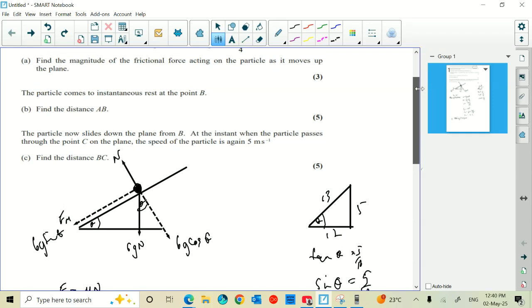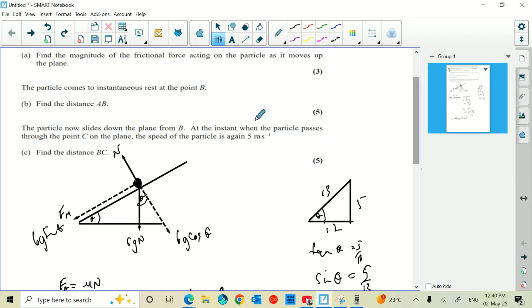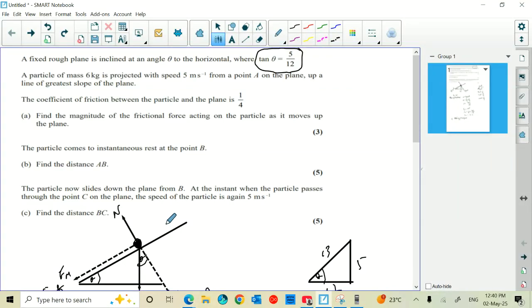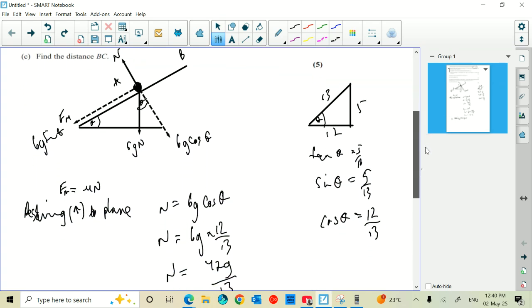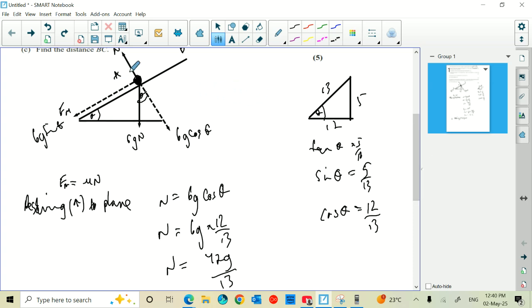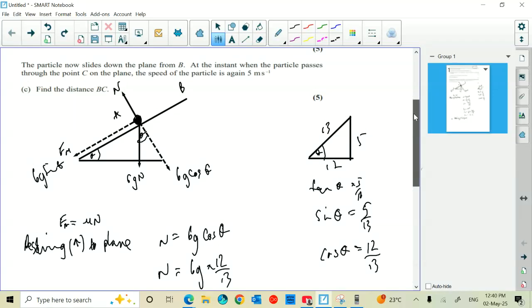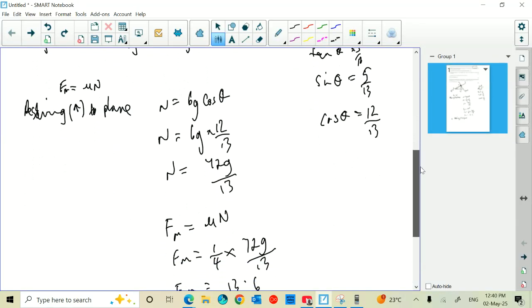Part B: find the distance AB. We need to put that in here, going up the plane. So this is the particle A, and it's going up the plane to B. The particle comes to an instantaneous rest at point B. So when it reaches B, it's come to rest, and we need to find this distance, A to B, going up the plane.